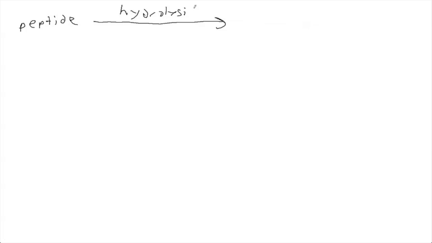That's right. So hydrolysis would give you shorter peptides or free amino acids. If you do a partial hydrolysis, you'll just break the peptide into shorter peptides. If you do total hydrolysis, you'll completely break the peptide into free amino acids.